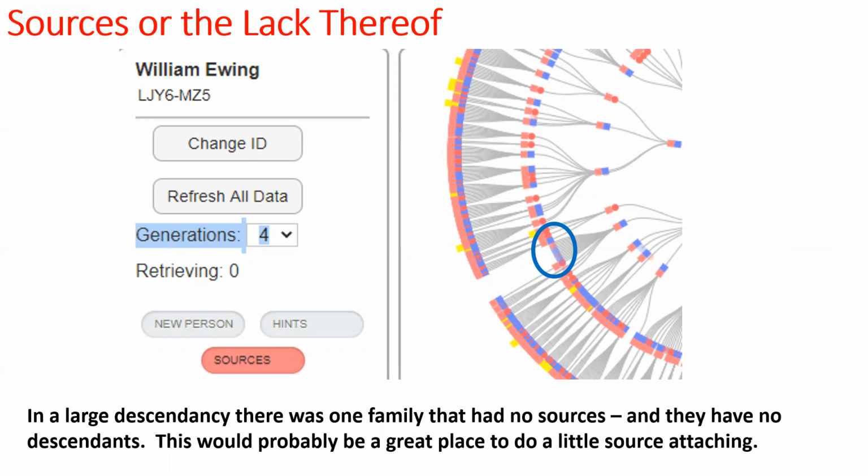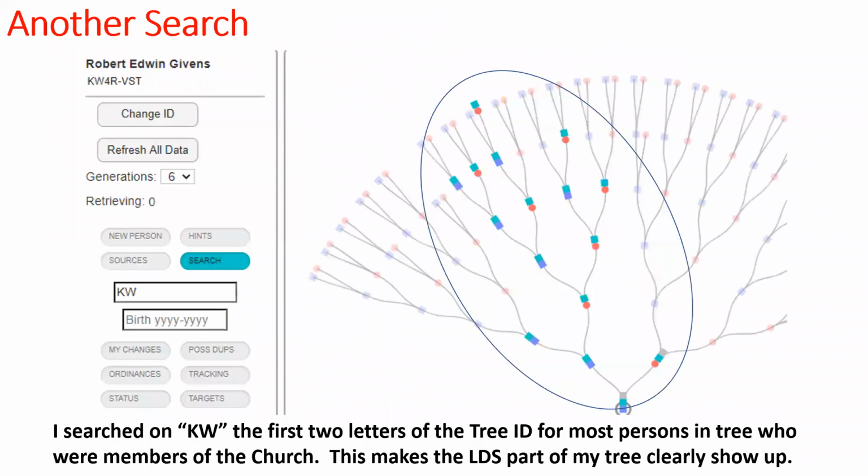That would be a prime place to go to do some research, because they don't have any sources attached to them. Also, notice all the yellows on this screen. This is more typical of what you're going to find in many families. A lot of young children that died. And so sources is yet another filter that you can use.